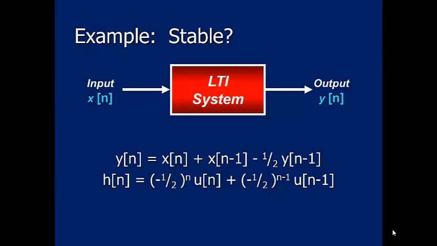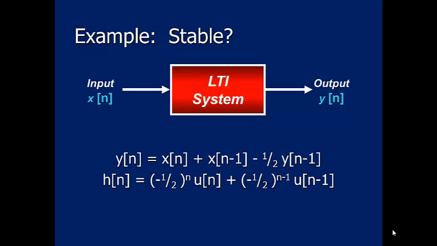How about this one, our friend here? One we've been solving. It looked like it was pretty well behaved. Its roots of the characteristic equation were minus 1/2. That's fine. That's less than 1. Should be stable. How about this? I've got minus 1/2 to the n u of n's. Is that absolutely summable?